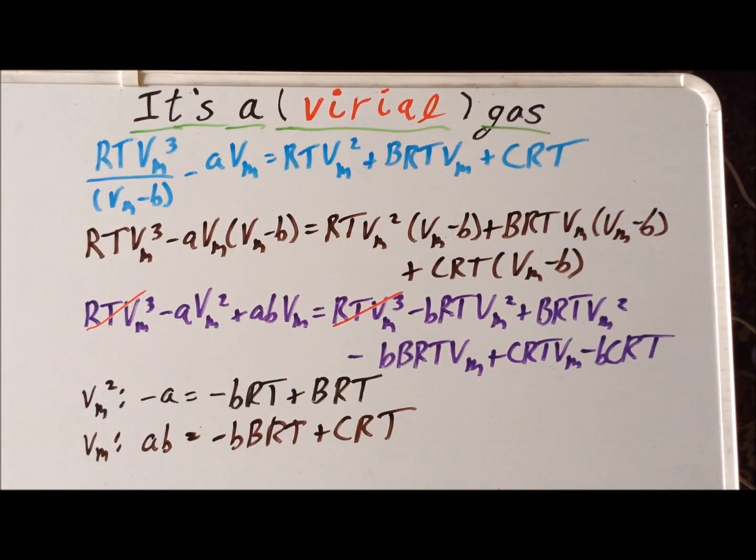So what we've done there, just to explain, is we've looked at the coefficients of relevant powers of the molar volume. Since both sides are equal for any values of the molar volume, their coefficients have to be equal. So we've equated the coefficients on the left-hand side and the right-hand side for the equivalent powers of the molar volume.